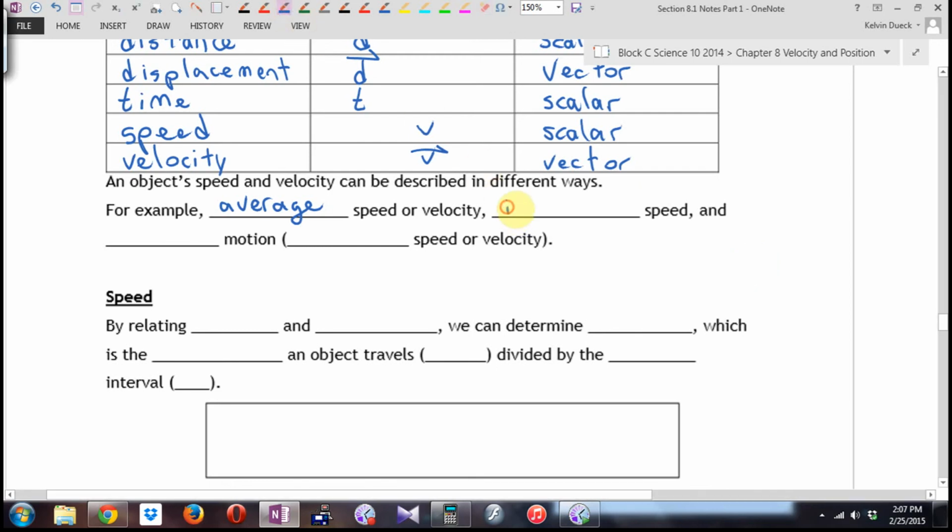Then we have something called instantaneous speed. And if you want to, you can draw an arrow pointing to this and write a little note here. Speedometer. Your speedometer gives you your instantaneous speed right at that moment in time.